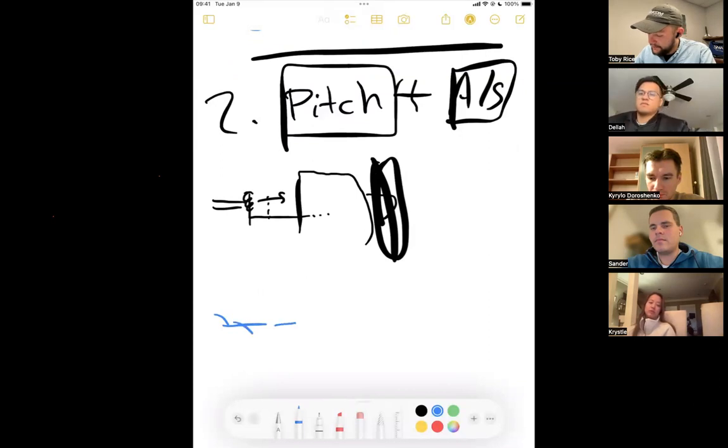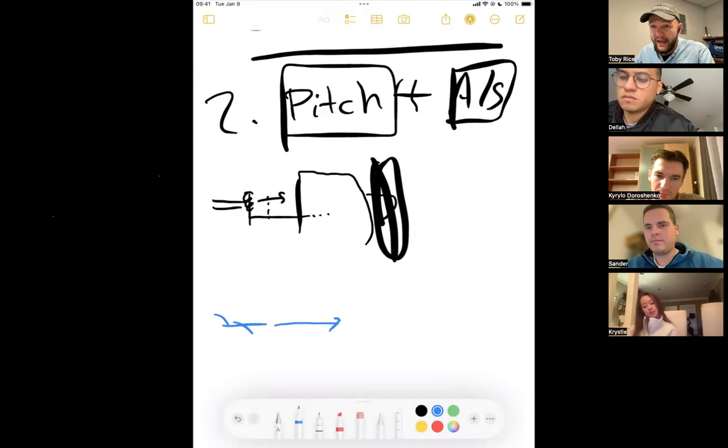But if I am flying in a straight line like this, and I push the yoke forward, someone tell me, what happens to that airplane the exact second I push the stick forward? More rate of descent. It goes down immediately. The flight path goes down that exact second.